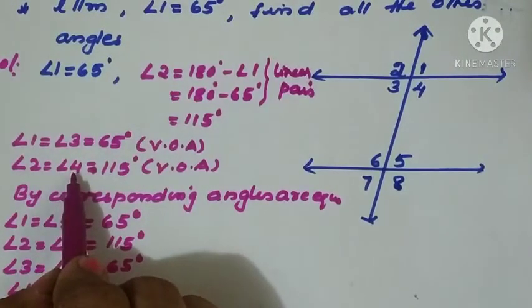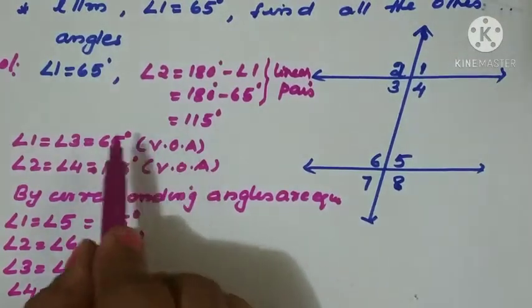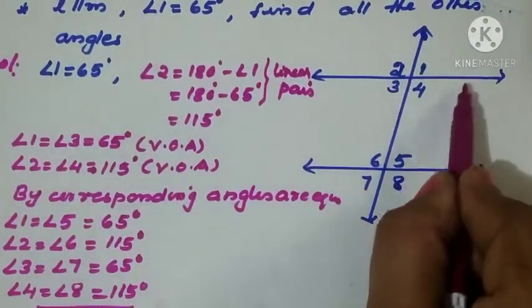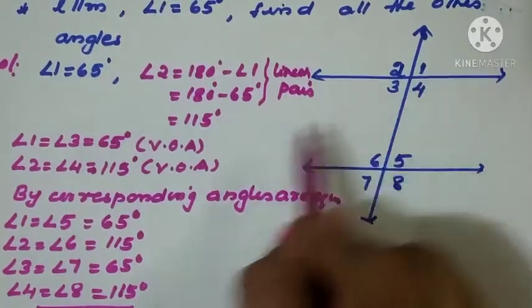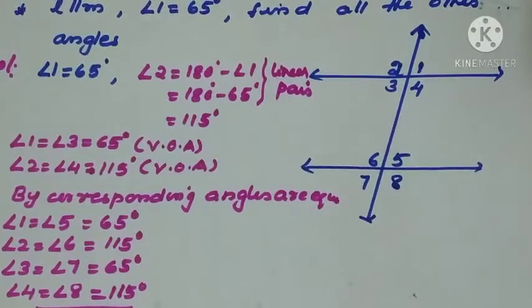Angle 3 and angle 4 to be written by vertically opposite angles. After that we got all the 4 angles related to the first line. Then similarly corresponding angles property we can write and respective values to be written for the remaining all angles. Now we got all the values of the angles.